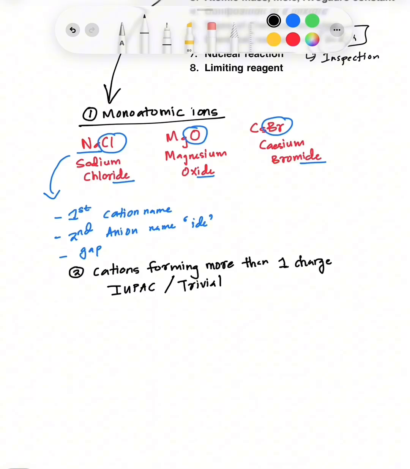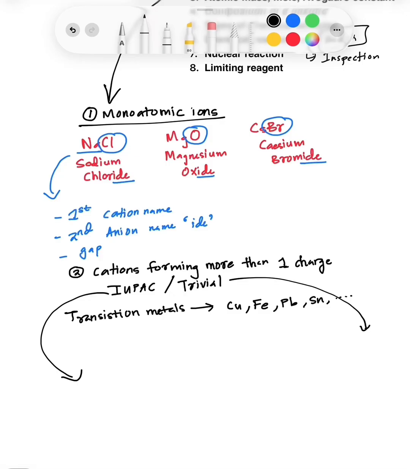When it comes to cations forming more than one charge, they are usually transition metals. Transition metals are the cations that form more than one charge. For example, copper, iron, lead, tin. Okay, for them we name using the IUPAC or trivial method.